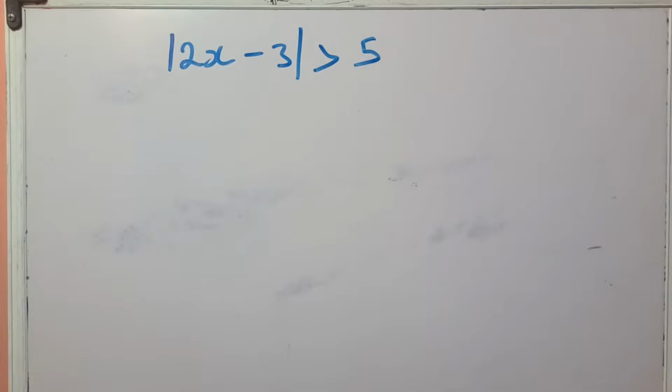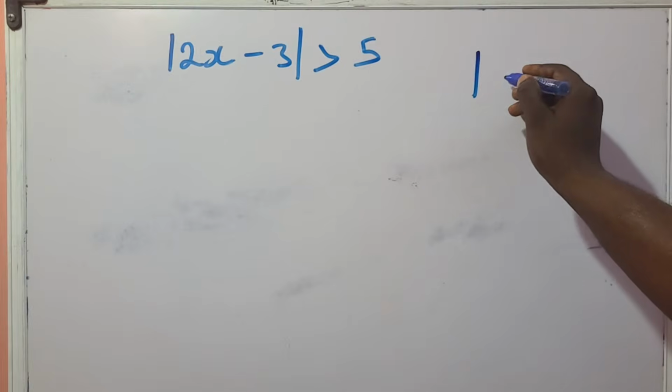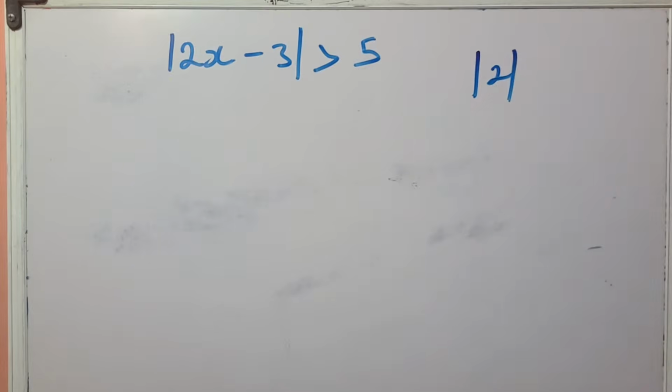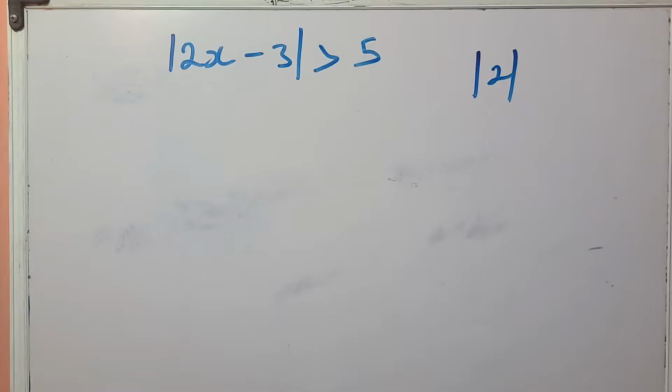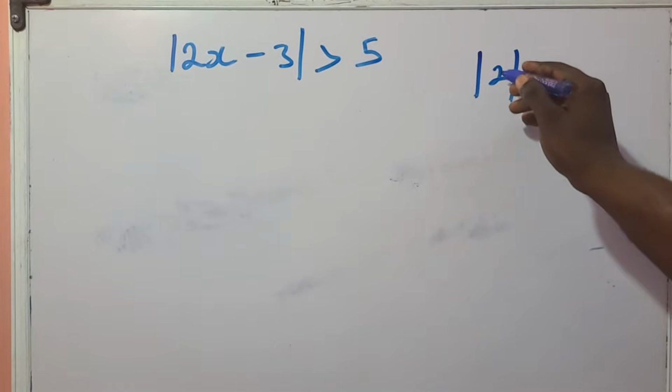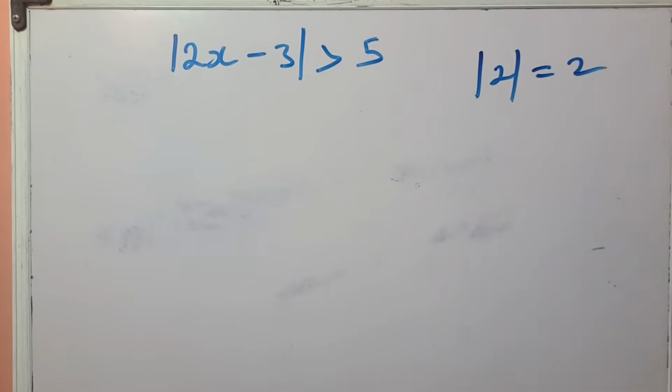Now, looking at this question, one thing you need to understand about absolute values is that absolute values always have two different possible answers. This will be on the basis of the fact that you understand the rule around absolute value. Under absolute value, if I wrote 2 here, of course this will give me my answer as 2.